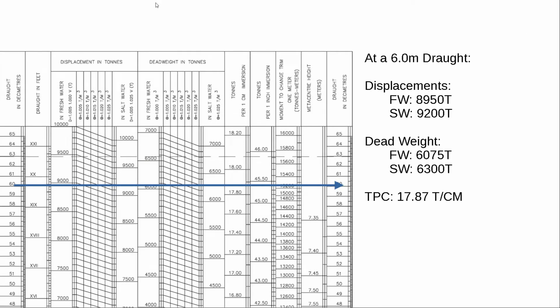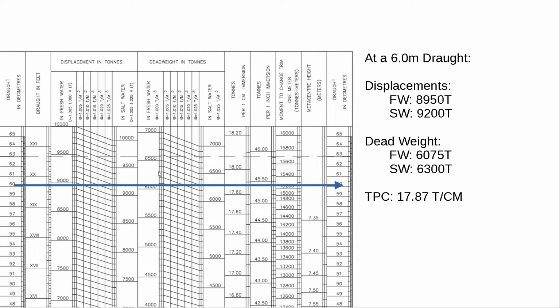So if you're talking about a draft of 6 meters, you want to know your corresponding values for this. So you work your way to the right along the columns here. You can see that displacement in tons for fresh water, down the scale, is about 8950 tons. What about salt water? 9,200 tons.